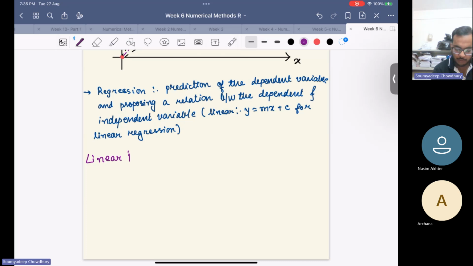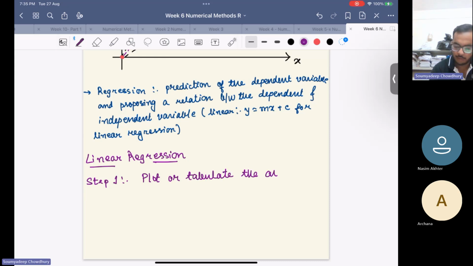In linear regression, the first step is you have to either plot or tabulate the available experimental data. You have conducted your experiment and then you plot or tabulate your data.